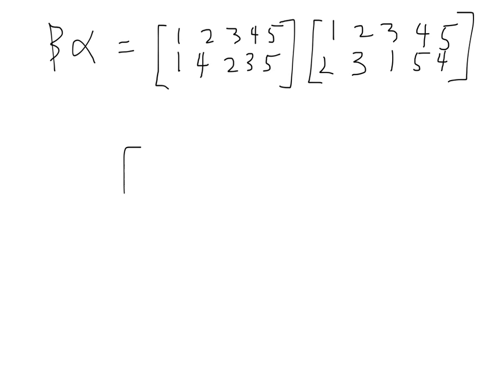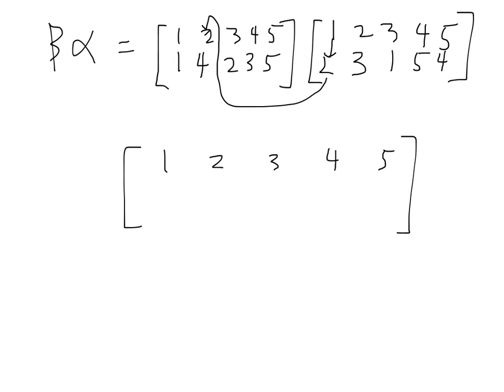All right, so let's see. The composition would work from right to left. So we would have, on the right, 1 goes to 2, and then 2 goes to 4. On the right, 2 goes to 3, and then 3 goes to 2.